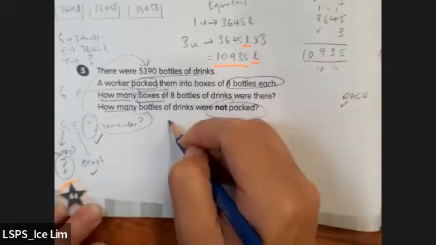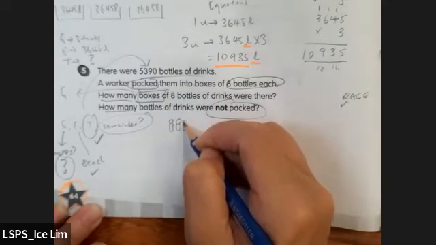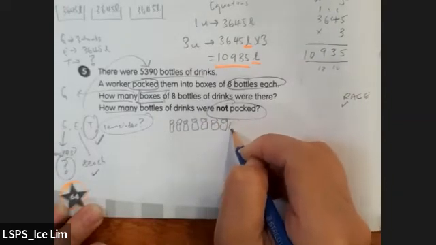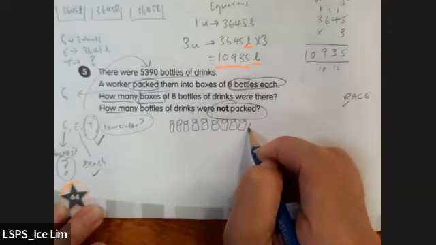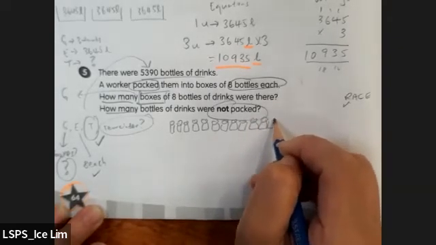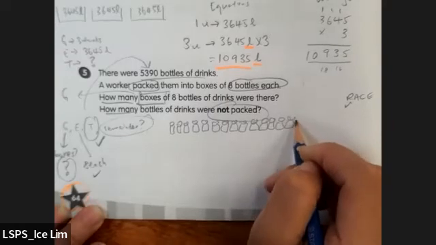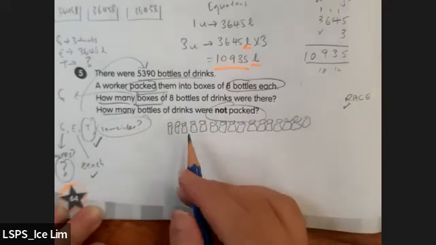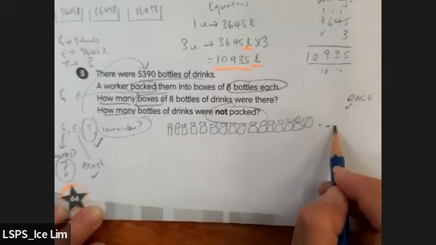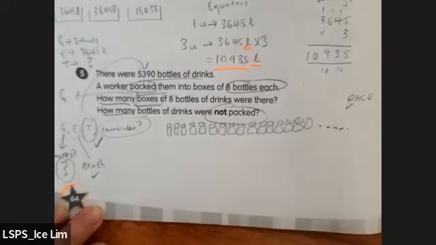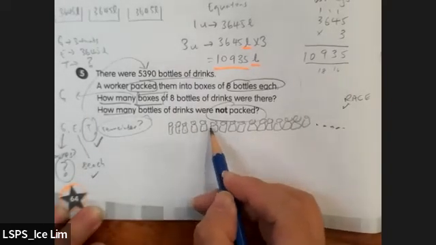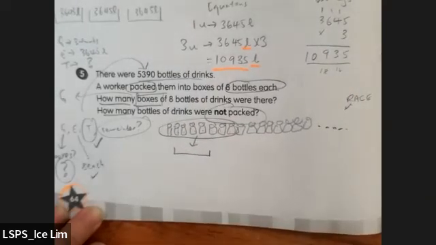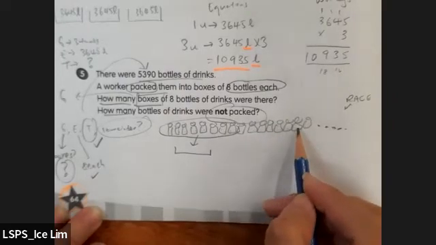I've got these bottles. Altogether, there are 5,390 of them. Of course, I will not draw until 5,000 bottles. I will probably take just a few, draw a few like this. My model. 1, 2, 3, 4, 5, 6, 7, 8 into one box. 1, 2, 3, 4, 5, 6, 7, 8 into one box.